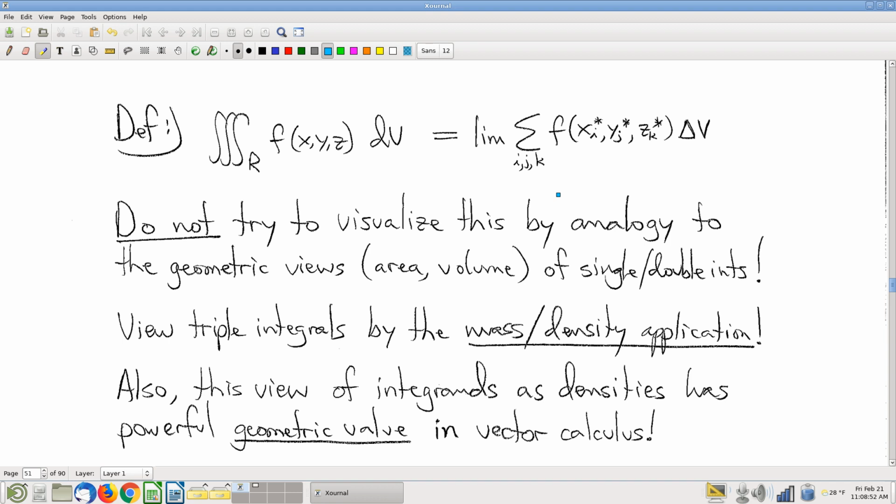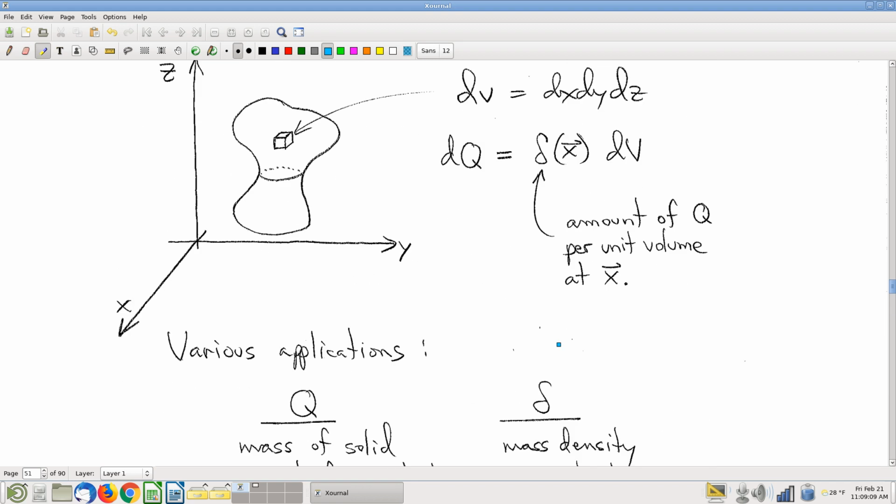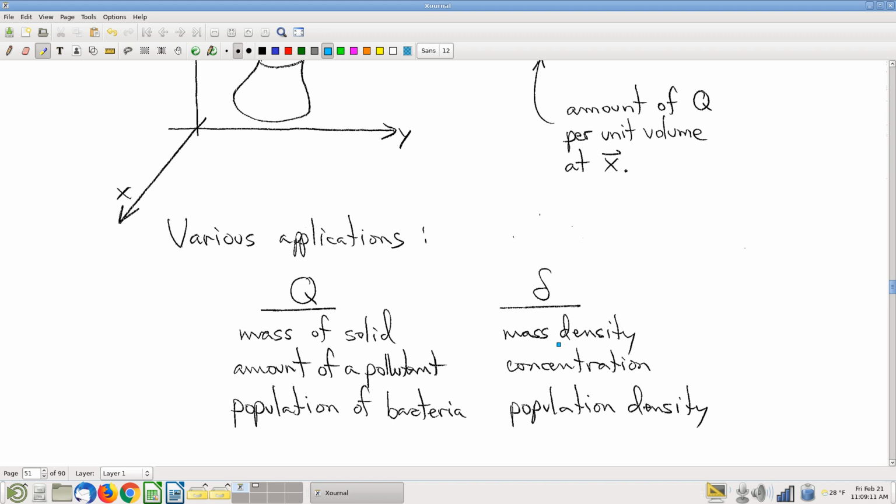Okay, I've already made the observation. Please don't focus on the graph point of view, area under a graph, volume under a graph. Instead, you want to think about the mass application as your motivating example. We've talked about different kinds of densities, and I'll just point out, by the way, that density doesn't have to mean mass per unit volume.